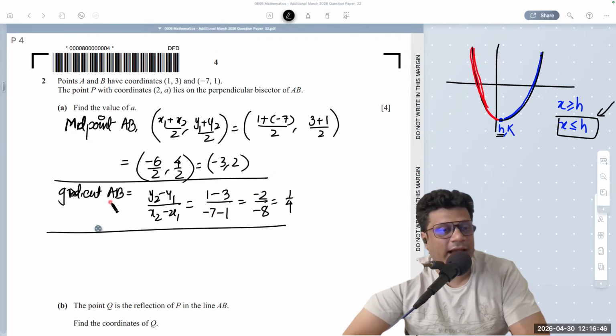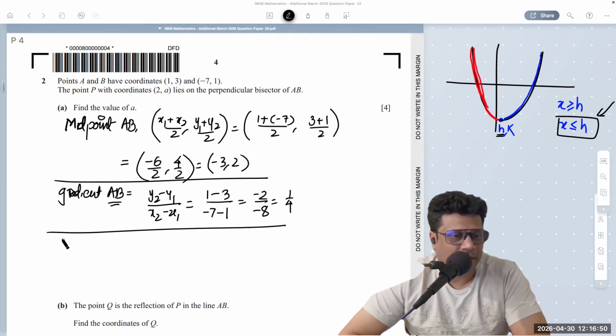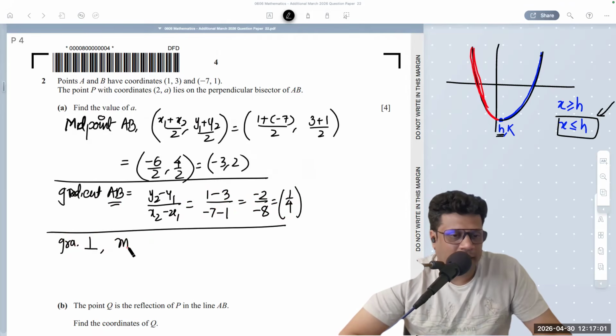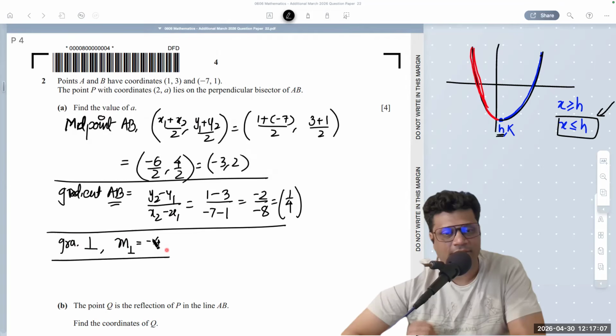So if this is the gradient of AB, the gradient of the perpendicular is going to be the negative reciprocal of 1 by 4. That's negative 4. So M for the perpendicular is going to be minus 4. Now I have the M value of it.